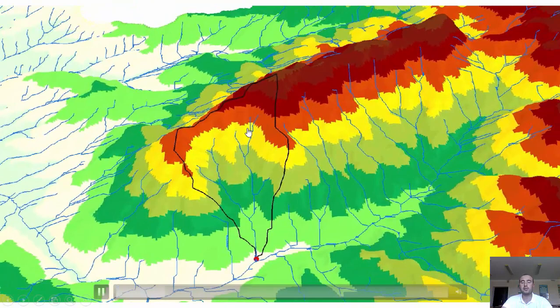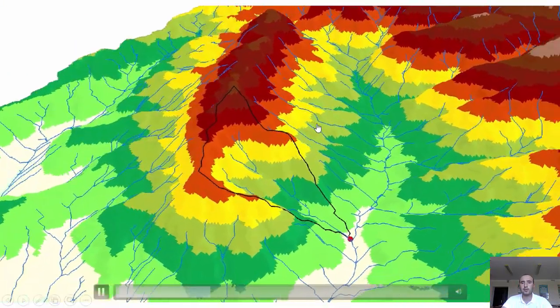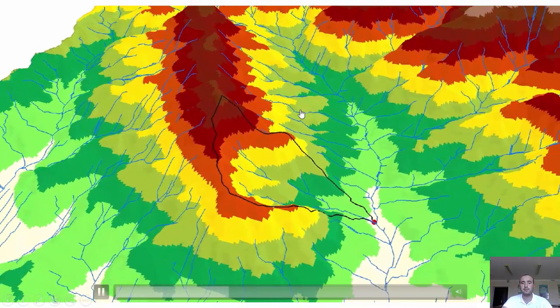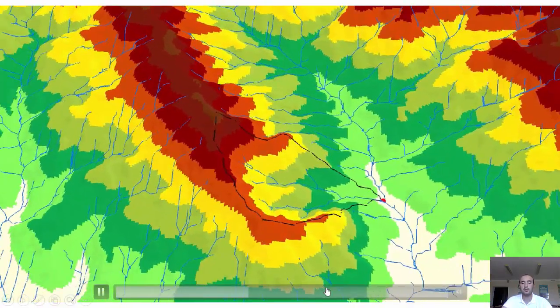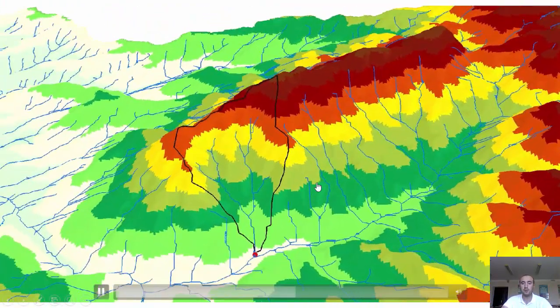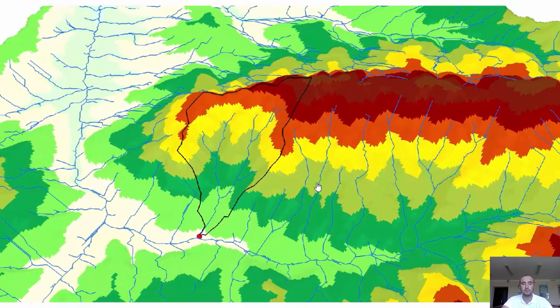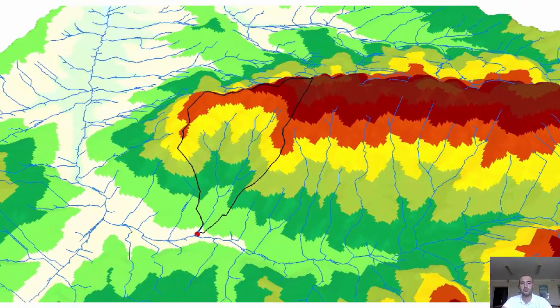So this video illustrates a three-dimensional map of the mountain, and it's very useful to analyze the place and to get lots of information about the place.